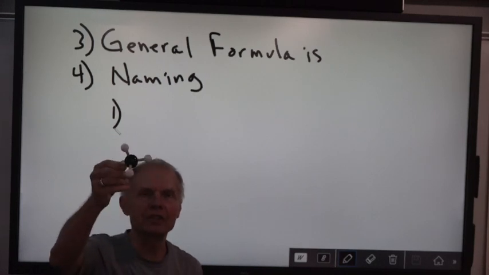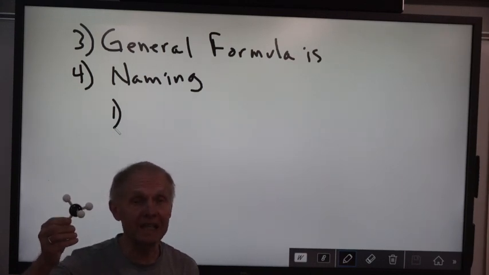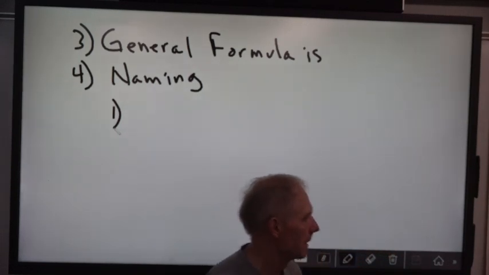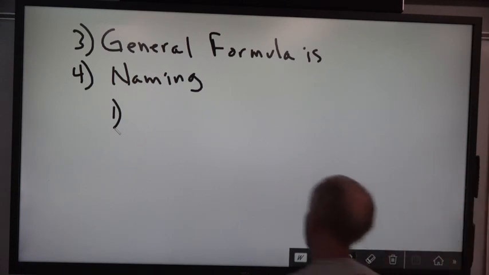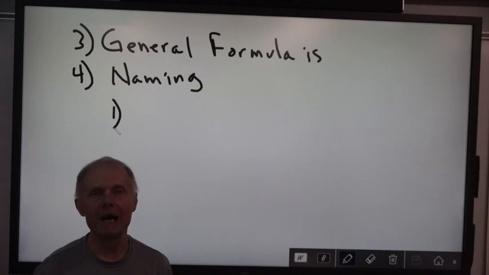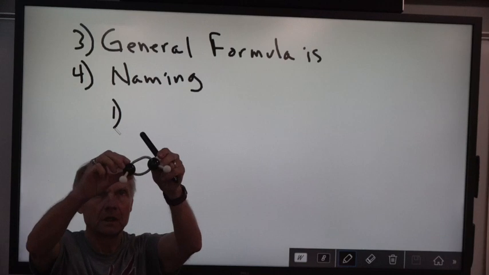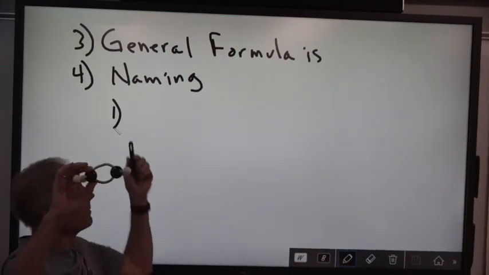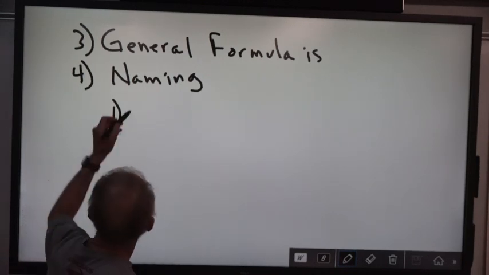So there's no such thing as methane. So our first alkene has to have a double bond in it. So here is the first alkene. All right? So there's no such thing as methane, like I said. So the number one first alkene would be ethene.